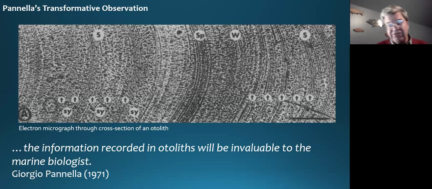These are daily rings. And we said, really? And he provided some evidence for that. And this was just a groundbreaker. We don't have hard structures, I think, in any animals that provide this kind of daily resolution. And daily resolution becomes really important for fish because things happen very quickly early in their life, as I'll show.